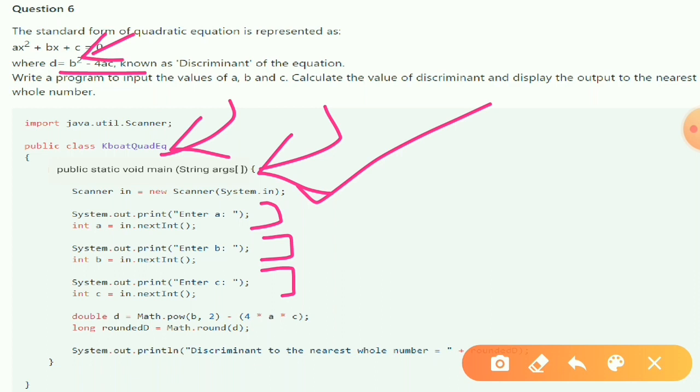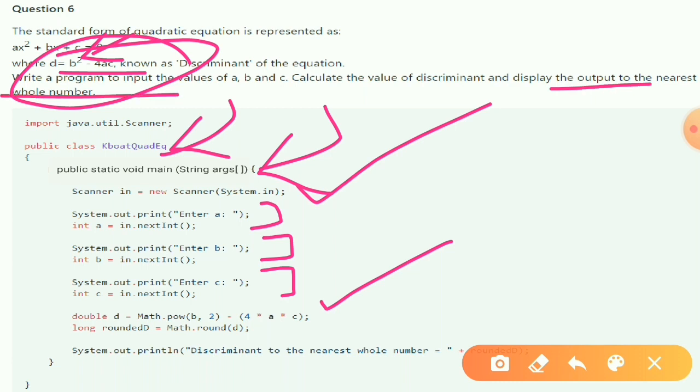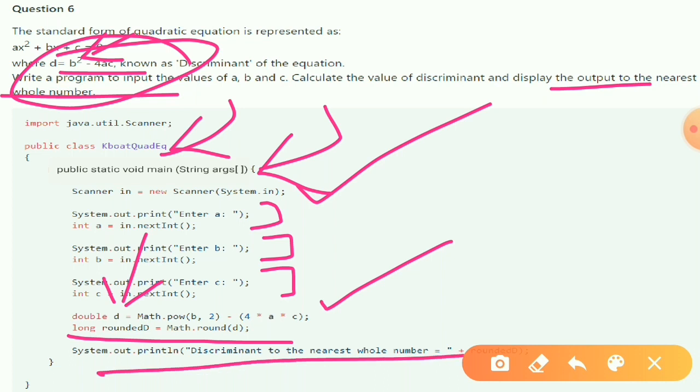Math.pow(b, 2) and minus 4 into a into c. So basically this is a Java expression for this kind of mathematical expression. And now you have to round off the value also. So in this line we are going to round off your value, Math.round(d), because d is holding the value of your discriminant, and now you just have to give the output for the same. Yes, very easy.